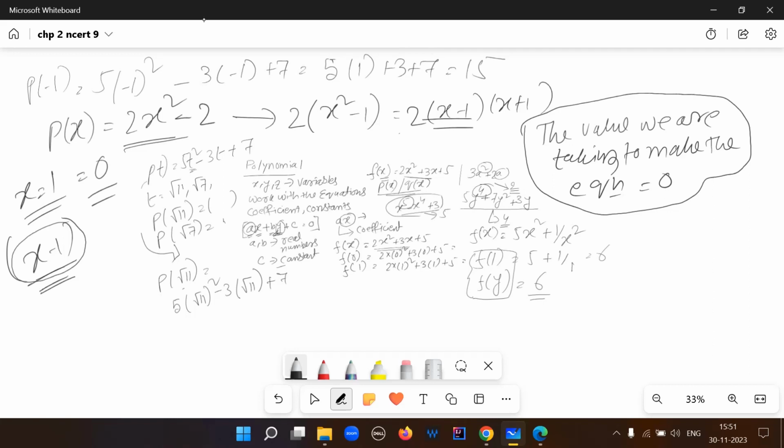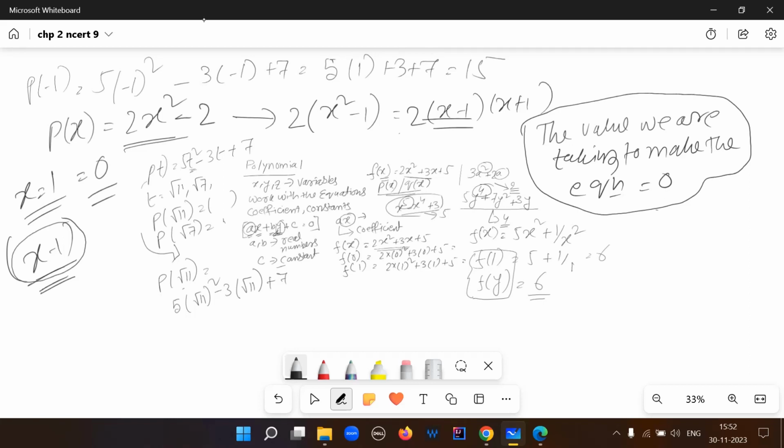Okay, so now the next one. I described the diagram, degrees, the function, the polynomial operations. It's a basic concept. If you want to clear more things, you can give a comment below.